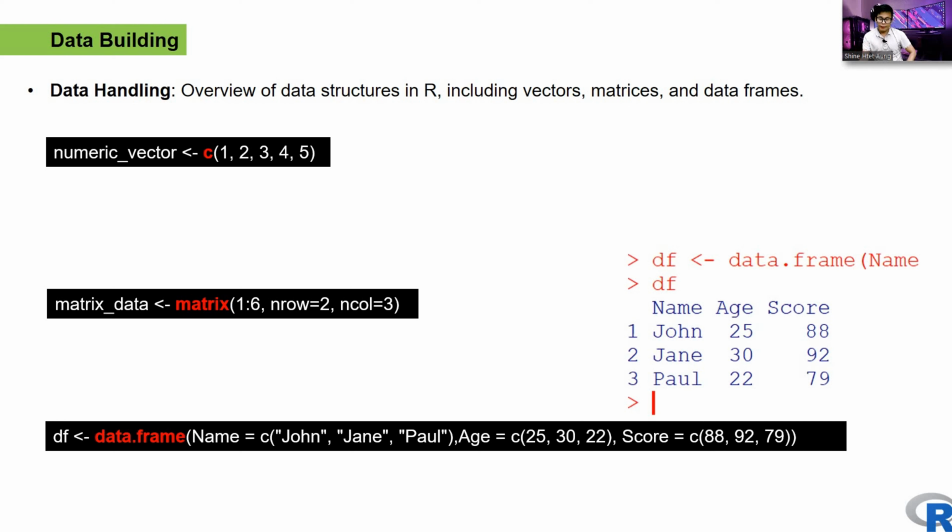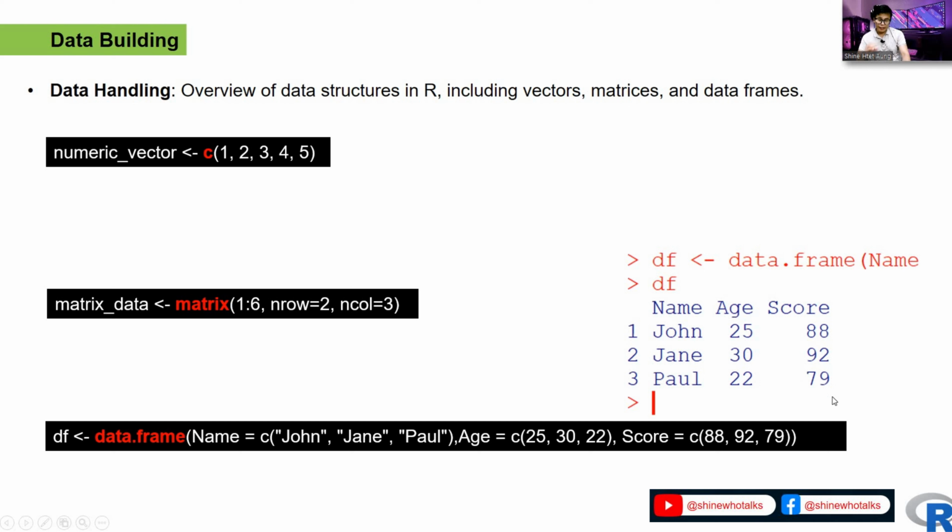This is especially useful in our research area, where we have some data. We need a data table. Normally we create the data table in Excel, like writing name, for example Jane, Paul, and then age 25, 30, 22.